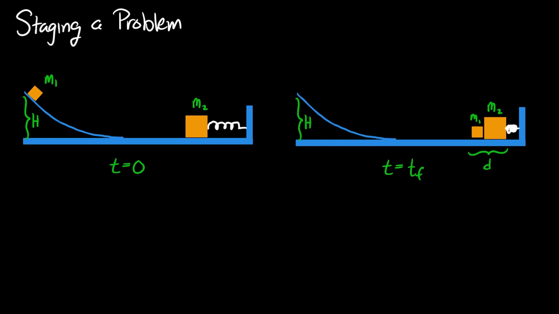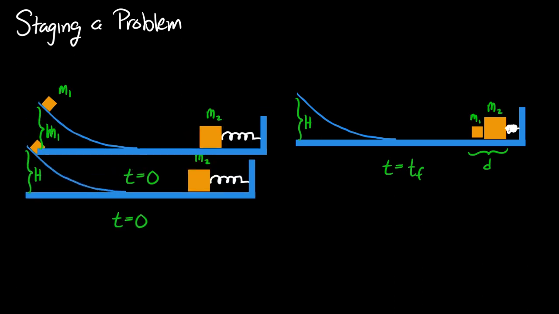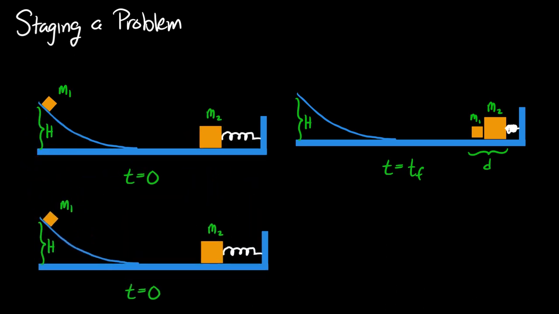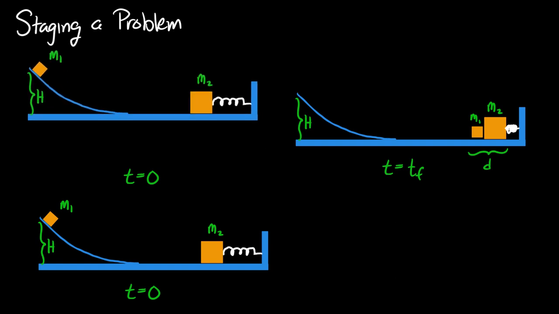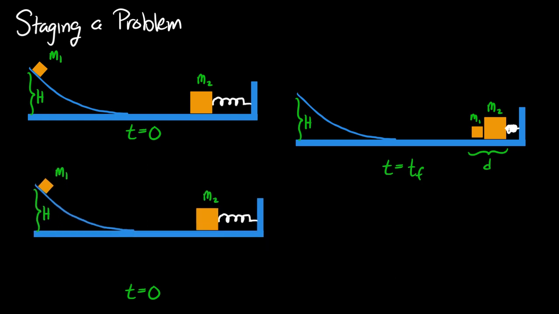They started with t equals 0. Then they have another stage where the block has moved to the bottom of the ramp. So I'm going to just move the block to the bottom of the ramp.